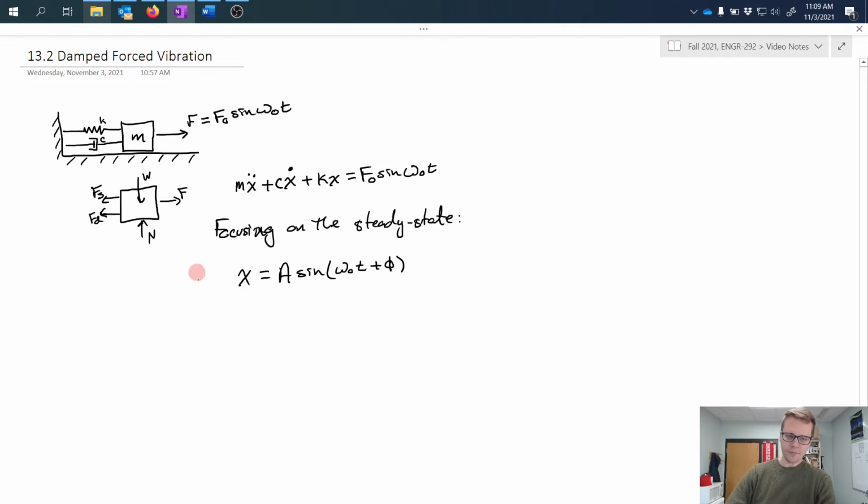So the equations that represent A and phi are a little bit complicated, so it'll take a second to write those out.